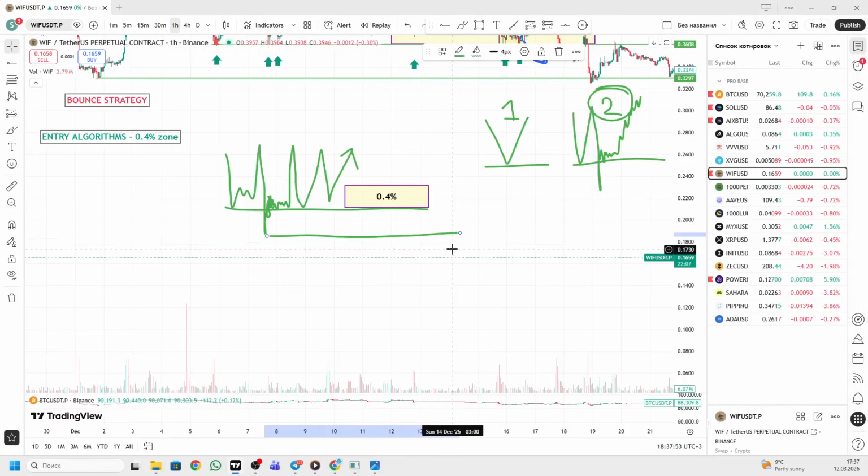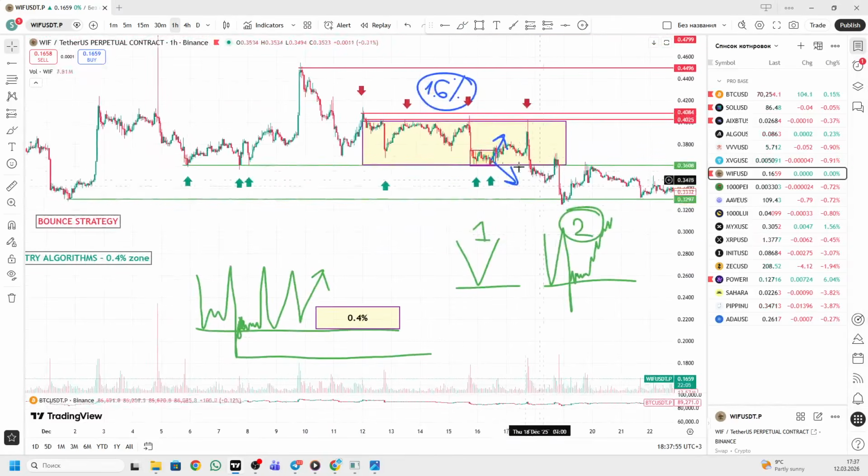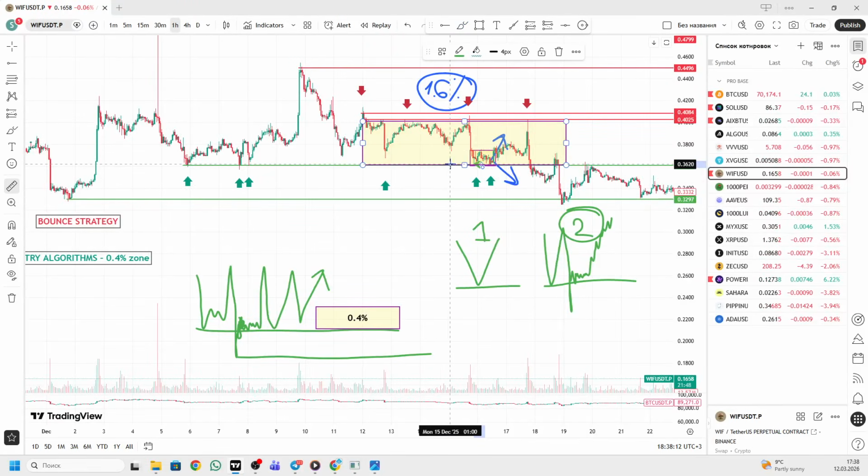Let's come back here. Look, there was a level. Here was the entry, for example. Here we entered our trade, and then the price moved up. Let's see how much. It's 4%.